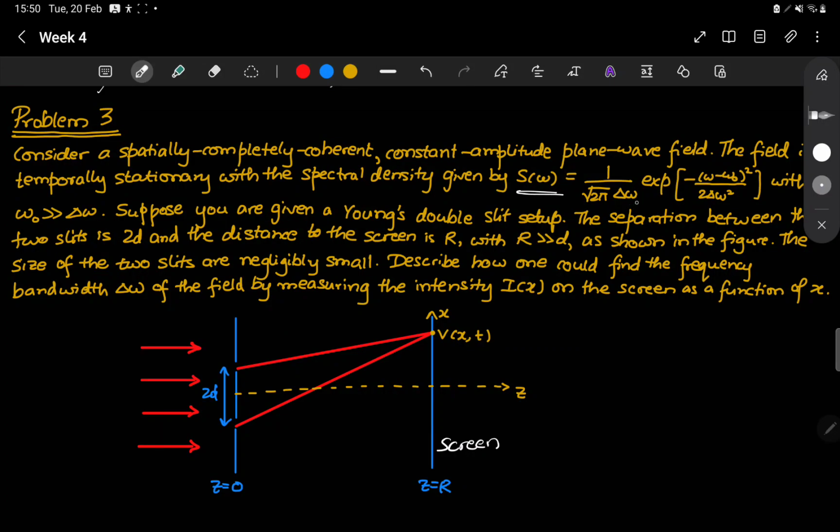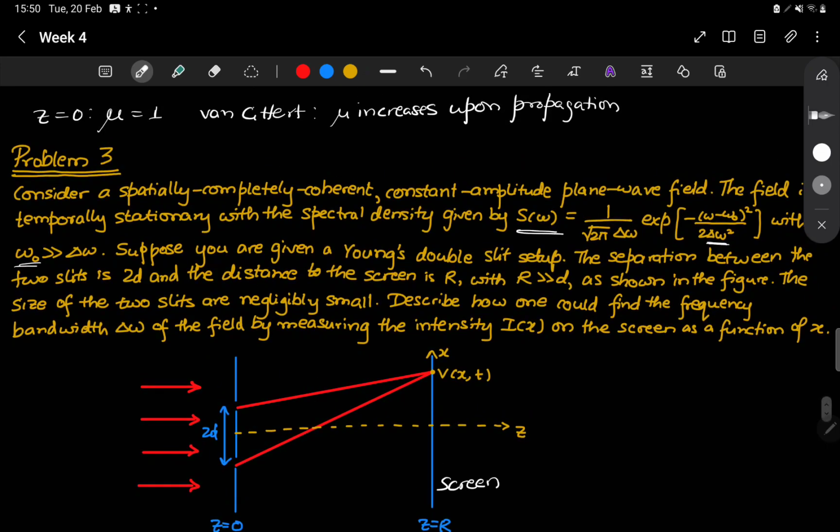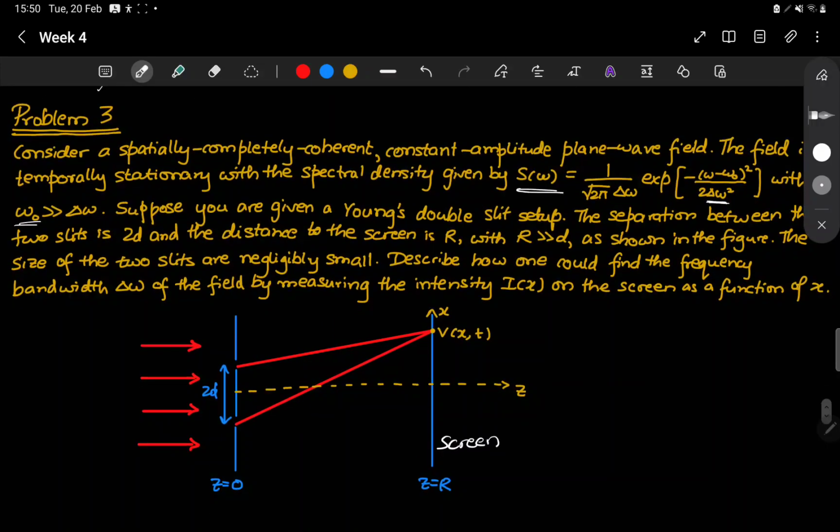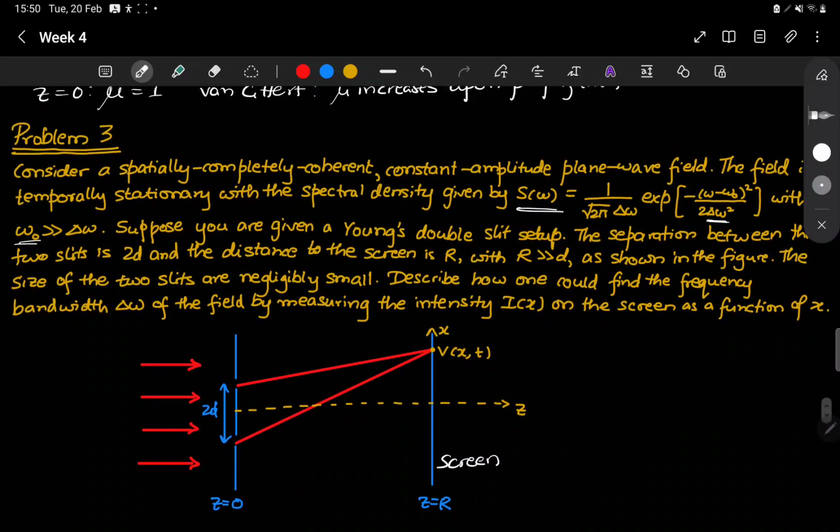The range of frequencies delta omega centered about omega naught will contribute. So it is not perfectly monochromatic. It is nearly monochromatic, because delta omega is very small, so only a very small number of frequencies about omega naught will contribute, but it is not strictly monochromatic. So that's the difference between this question and what you would have studied in your school.